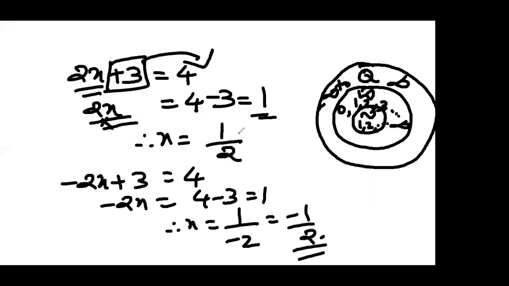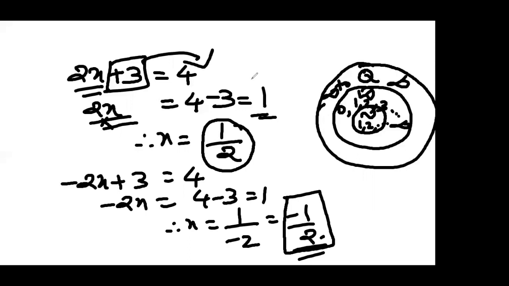Okay, so we can call this a fraction because this is a positive number, 1 by 2. But this is negative 1 by 2. Can we call it a fraction? We cannot. So what is the difference between a fraction and this negative number? Fraction means if I'm taking a pen here, I can divide it into two parts, and I can say this is one part out of my two parts.